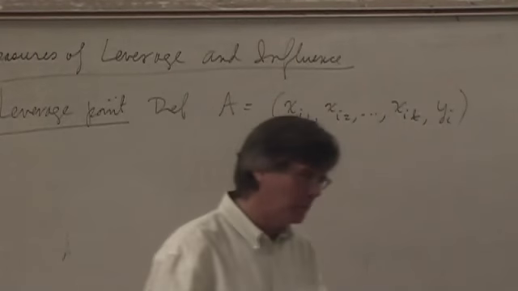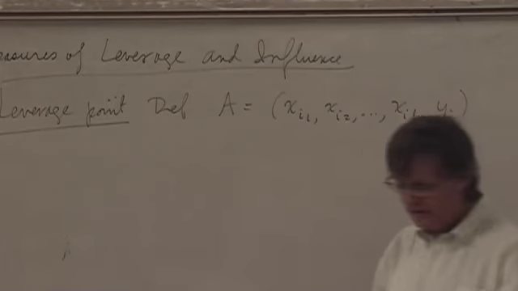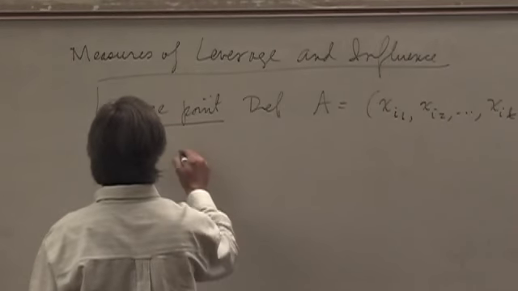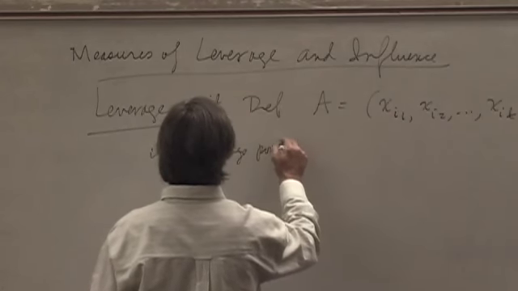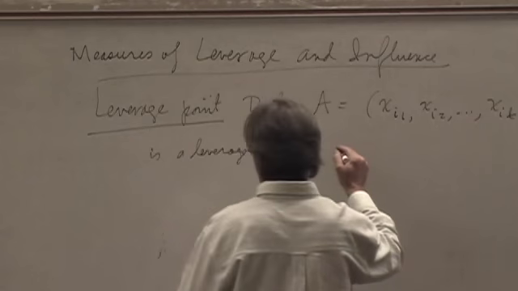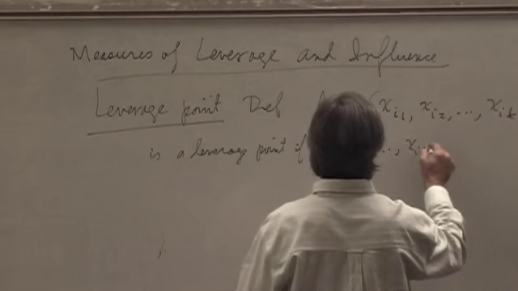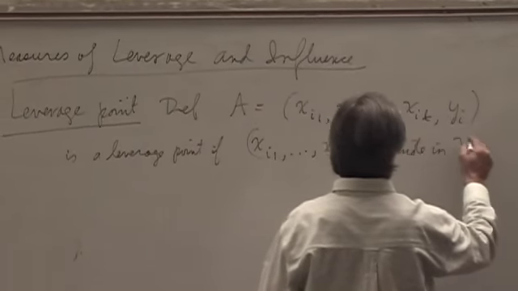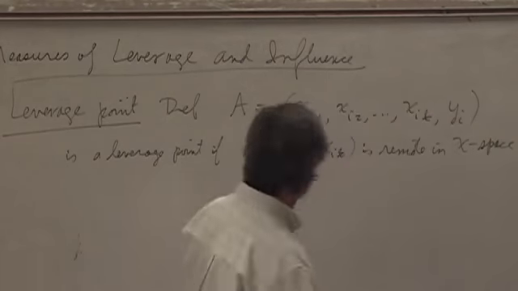And he shows you a picture in the book in just 2 dimensions. It is a leverage point if xi1 through xik is remote in X space. Okay, whatever that means. It means it has a high hii value.